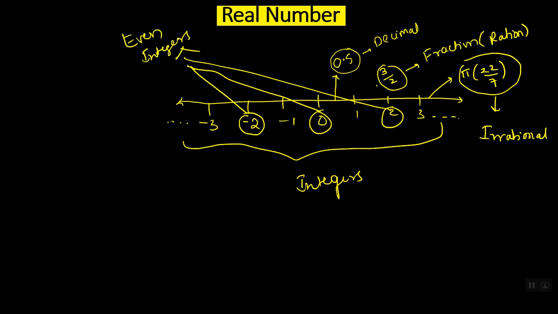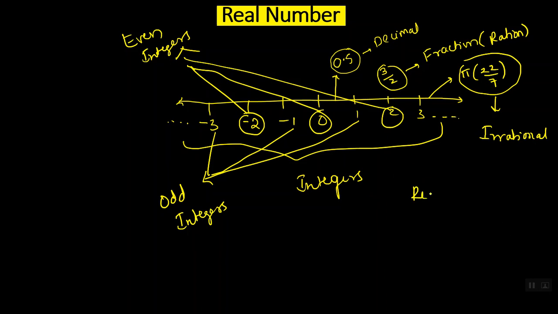The numbers which are not multiples of 2 are said to be odd integers. So these are all odd integers. In general, numbers which can be represented on the number line, as I said, are said to be real numbers. Now, real numbers are further categorized into two types.